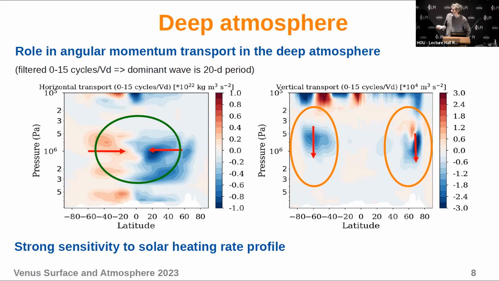And on the right, you can see the vertical transport, which is done mostly at high latitude by the high latitude component of this wave activity. And in this case, you can see that it's located mostly above 10 to the 6 Pascal and not much below.